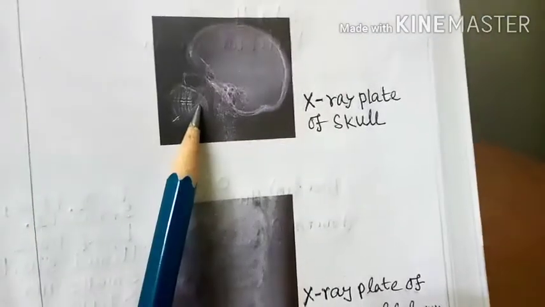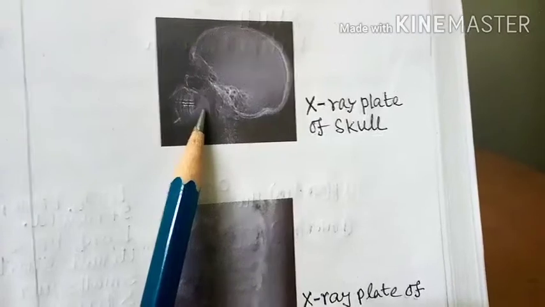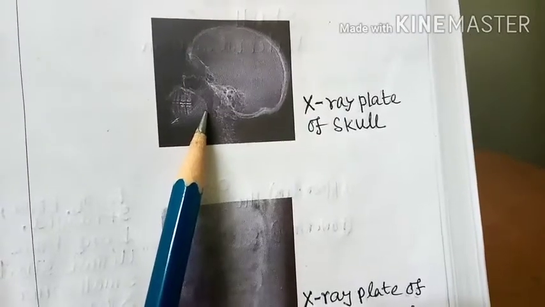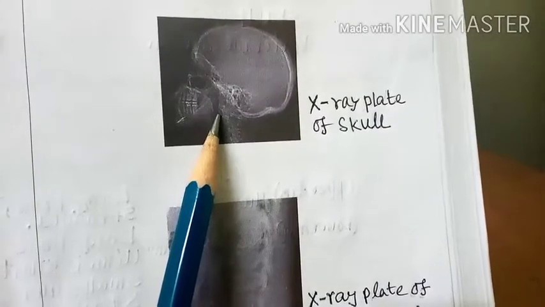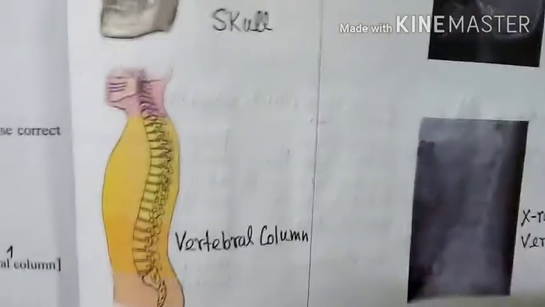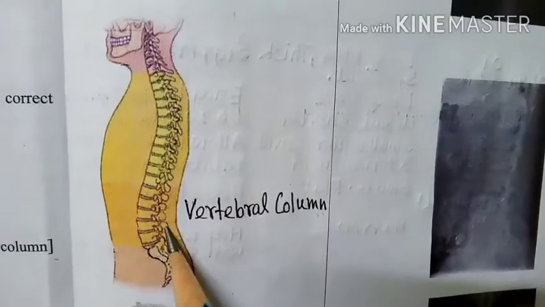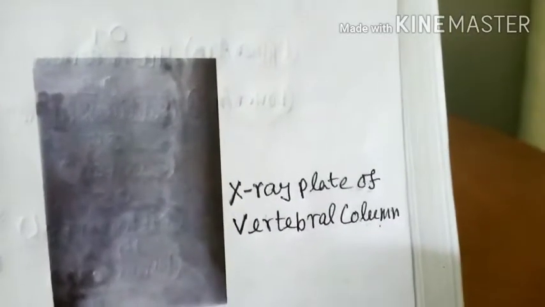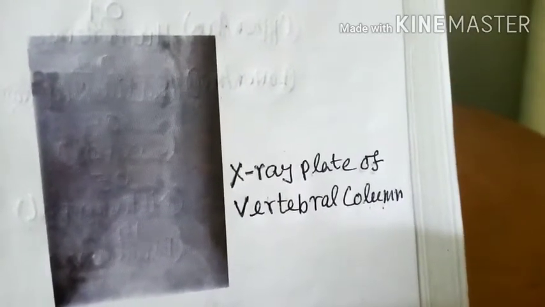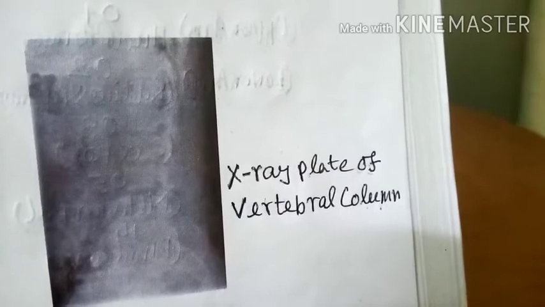This is X-ray plate of skull. Skull is a part of our skeleton. What is this? This is vertebral column. And what is this? This is X-ray plate of our vertebral column.